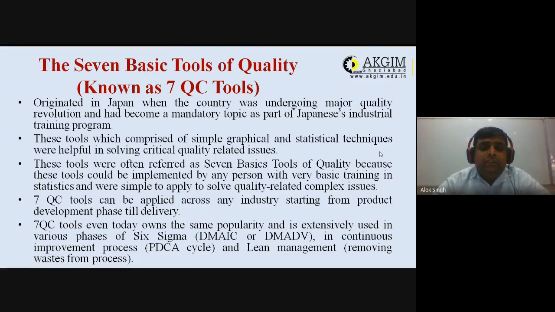Some basic statistics is applied here, so you can use it easily to manage your complex quality related issues. That's why it is named the basic tool of quality.